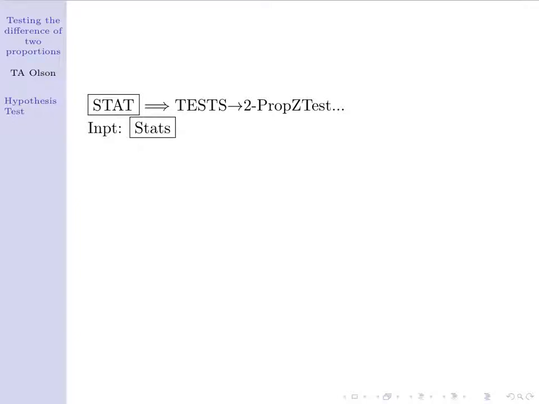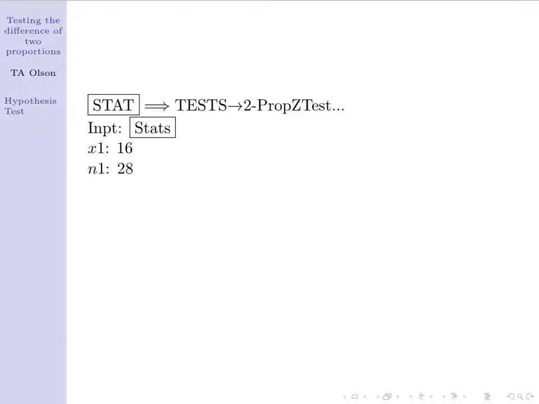Since we live in the future, let's let our technology do our calculations for us. So we're going to use our TI-84 calculator or equivalent. We're going to go into stat, find the tests, and the thing we want is the two proportion z-test. You'd scroll down and hit two proportion z-test. Since we have our stats already, we're going to input these as stats.